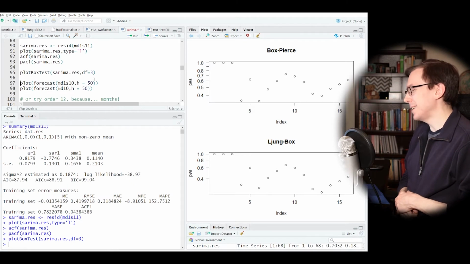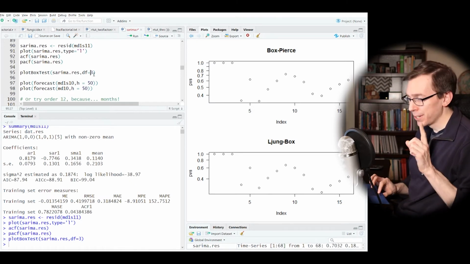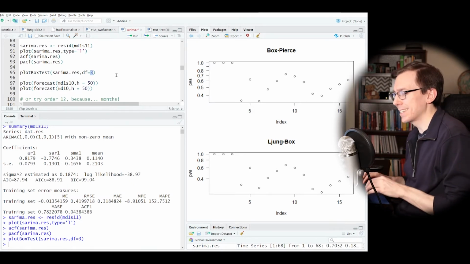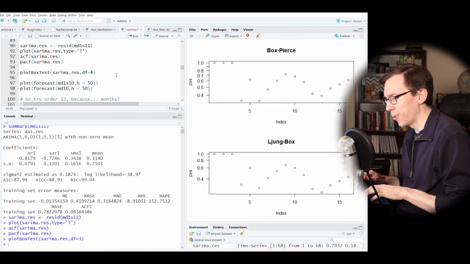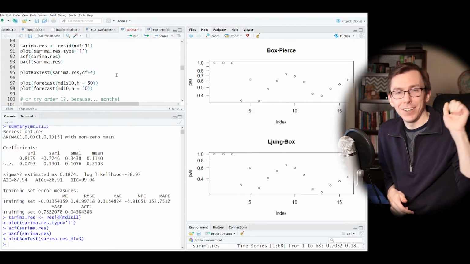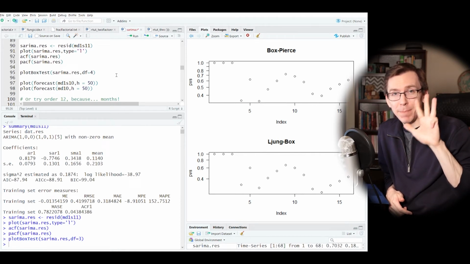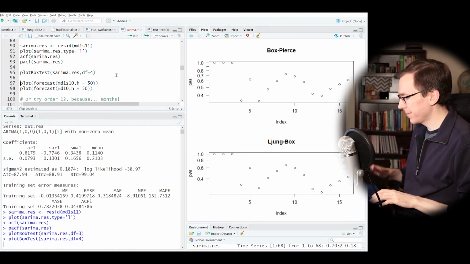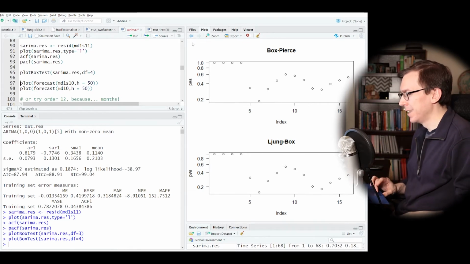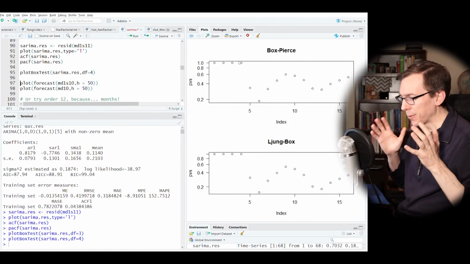And what do we see? We see tons of p-values. Note that I changed this to 3, but actually I should change this to 4, because I fit a non-seasonal AR1, a seasonal ARMA 1,1, and a mean, so that's 4. Okay, so if I do that, the first 4 p-values are set to 1 because they don't count.